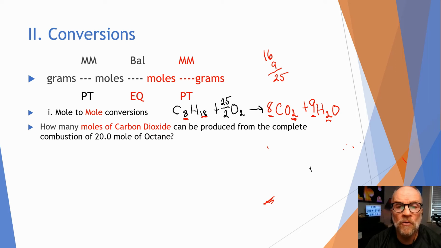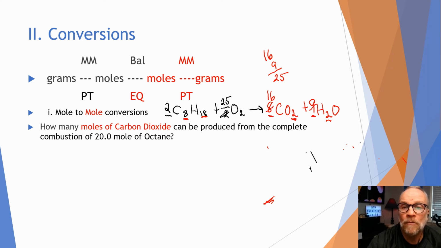And remember, if there's nothing there, it's assumed to be 1. So 2 times 1 will give us 2. 2 times 25 halves will give us 25. 2 times 8 will give us 16. And 2 times 9 will give us 18. And so now we're balanced. We started off with a pretty hard one, didn't we? Okay, but you can do it.